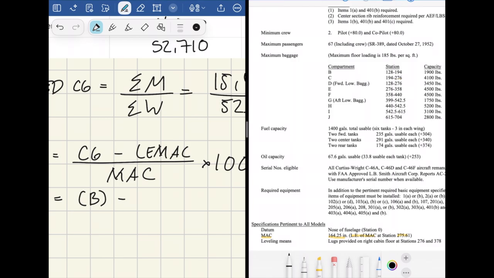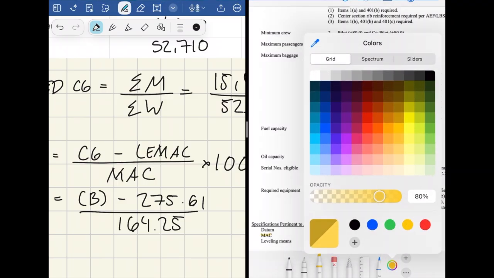So, let's put that in here. So, our LEMAC is 275.61 divided by MAC of 164.25. Okay, so again. Our MAC, based on the TCDS sheet, we have a MAC of 164.25 inches. Now, our LEMAC, so let's change dito para ma-indicate natin.